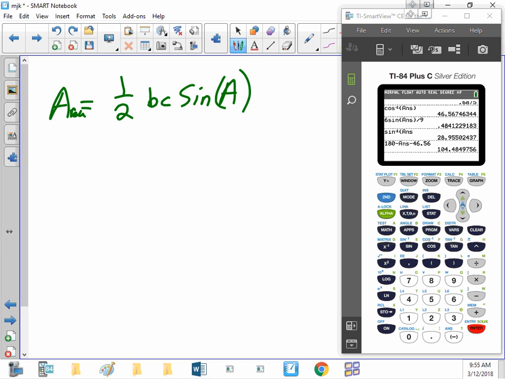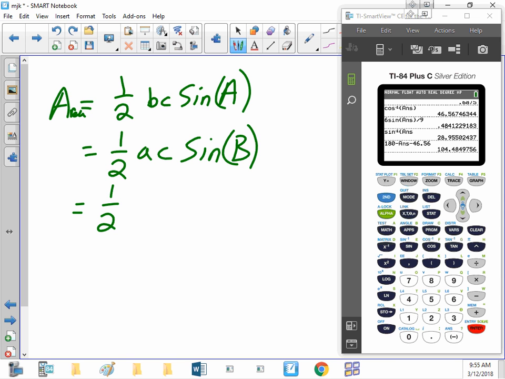What would the other formula look like? 1/2 AC sine of angle B. And the third formula? 1/2 AB sine of angle C. Now that only works when you have side angle side. Okay?